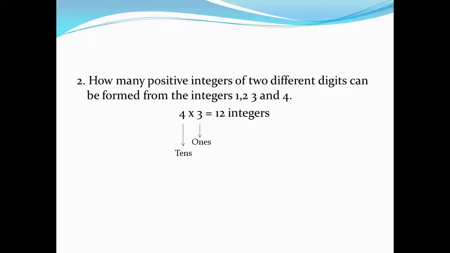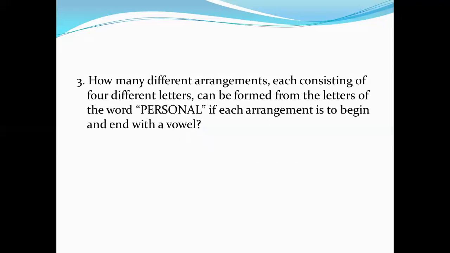So you have 12 integers. What are these 12 integers? You have this. Take note that in our integers with two different digits, there is no 11, 22, 33, and 44.